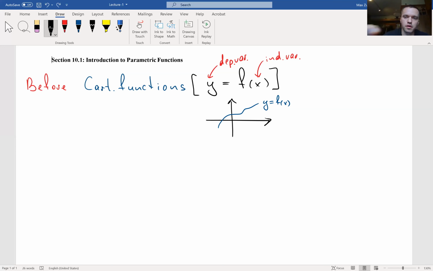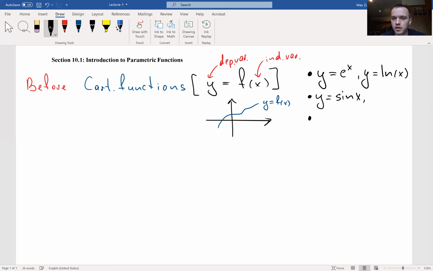Since this is already multivariable calculus, you need to be comfortable with functions of the form y is equal to e to the x or y is equal to ln of x, just to know their domain, how the graph looks like, etc. Also, you need to be comfortable with trigonometric functions, so y is equal to sine x, and let's say y is equal to tangent x.